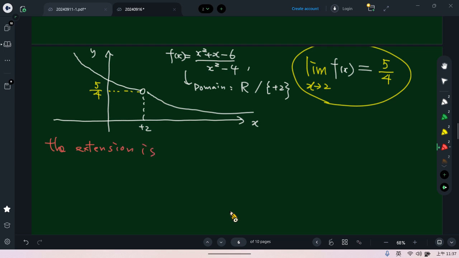We define it as big F by the following: if x is not equal to 2, we just follow the original one.